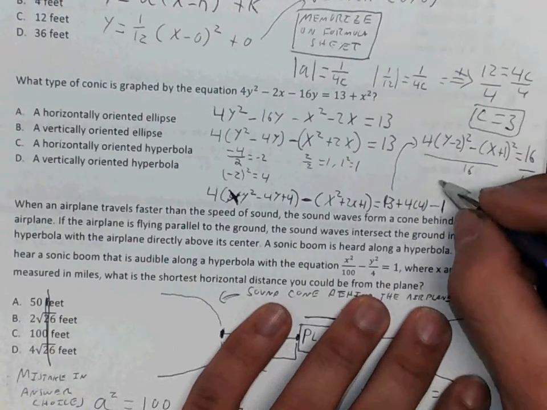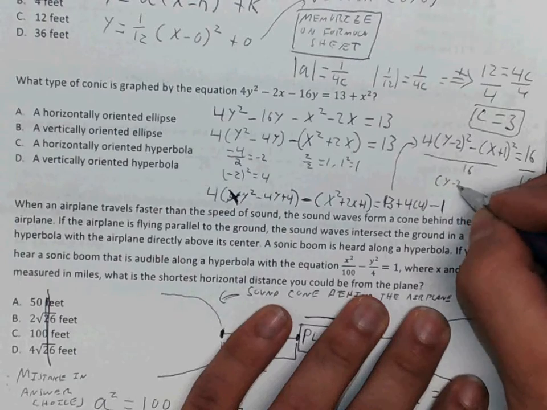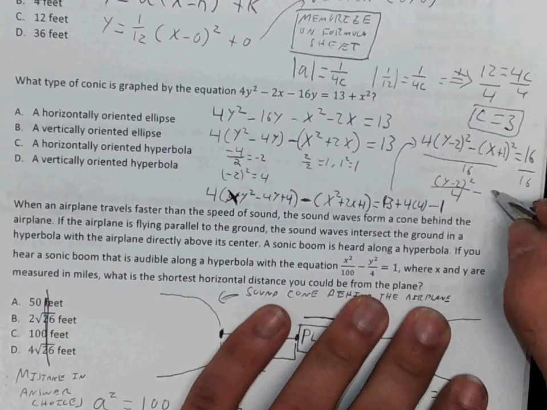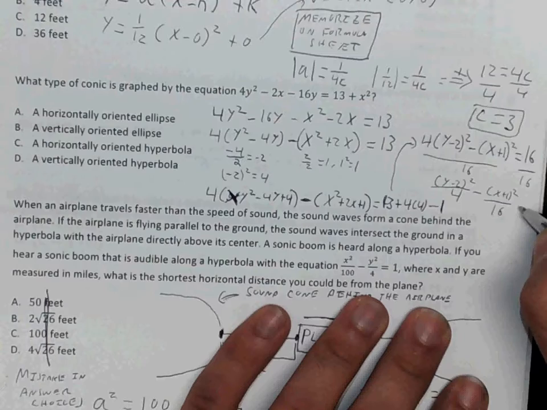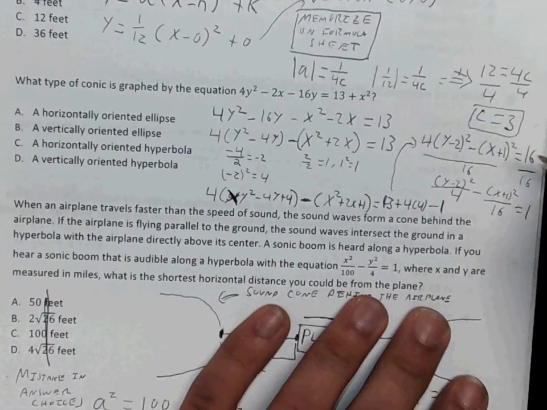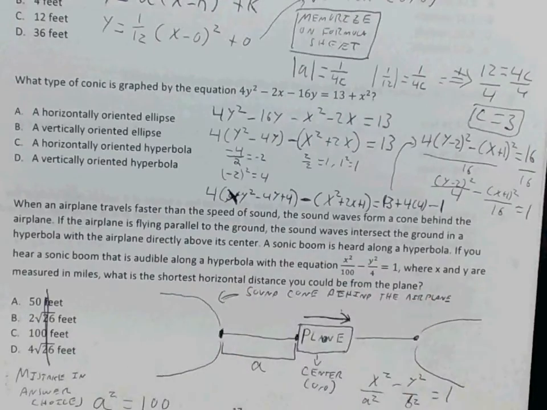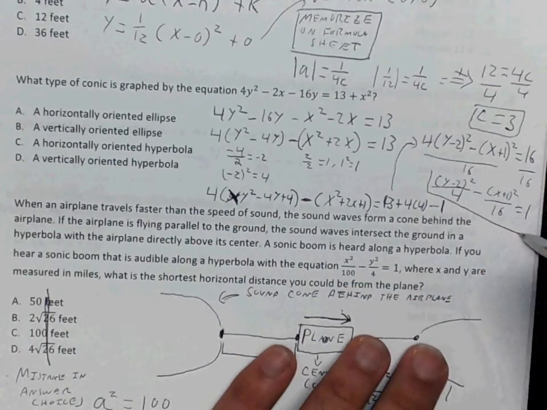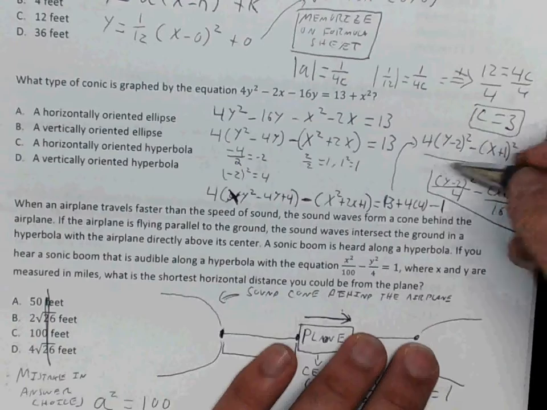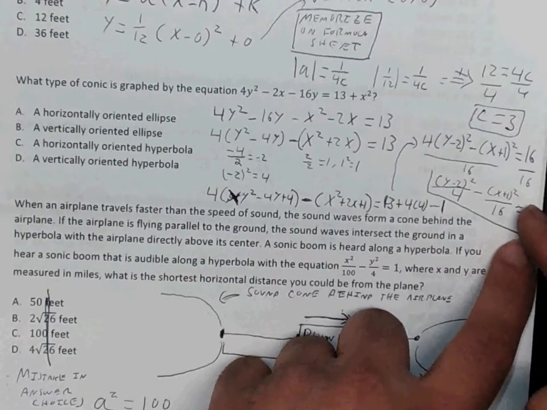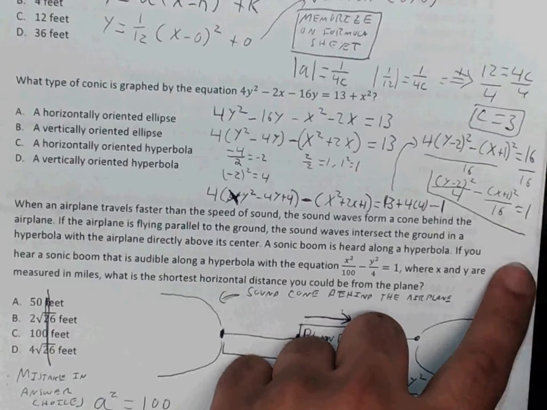So we have y minus 2 squared over 4 minus x plus 1 squared over 16 is equal to 1. You divide by 16 so that the right-hand side is equal to 1.